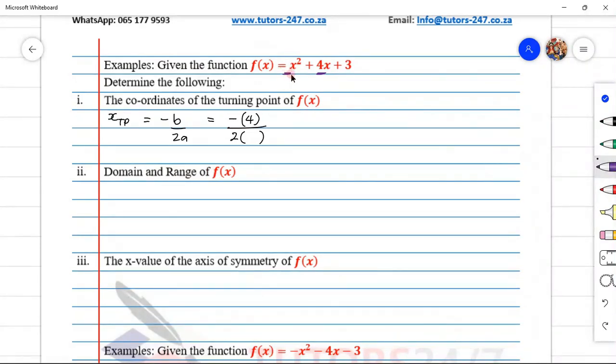Our value of a is the coefficient of x squared, and that is 1. So once we put this on our calculator, we end up with negative 2. Let's just write that down here so we can use the right hand side for finding y.